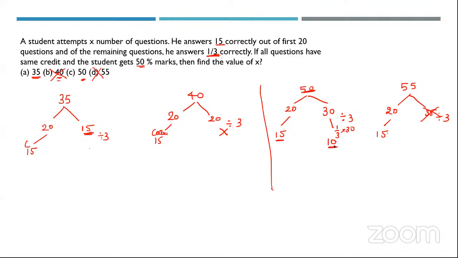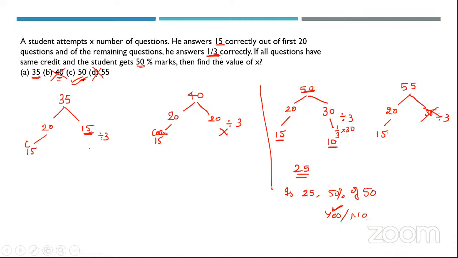So 15 plus 10, it means that he's scoring 25. Is 25 50% of 50? Yes or no? Yes, right? It means that the condition is satisfied. This is your answer.